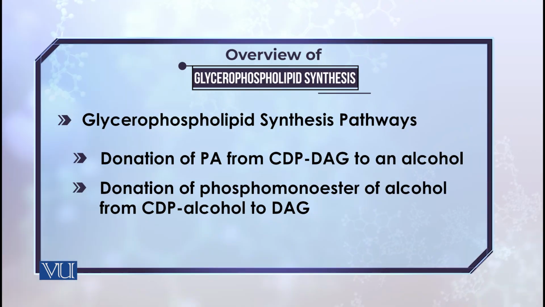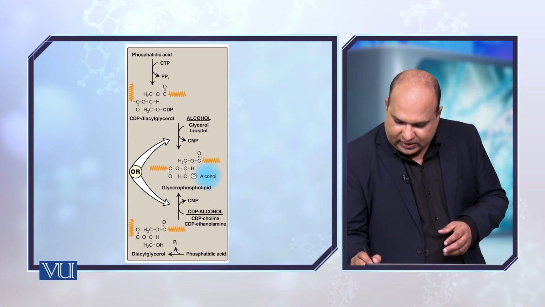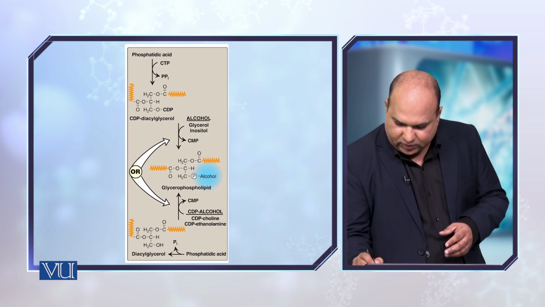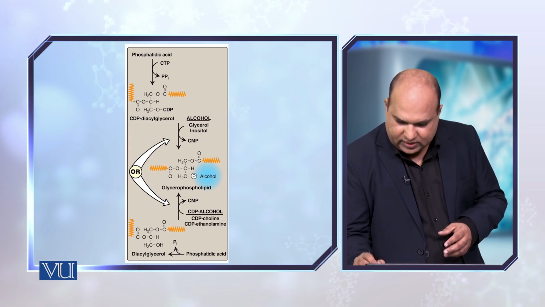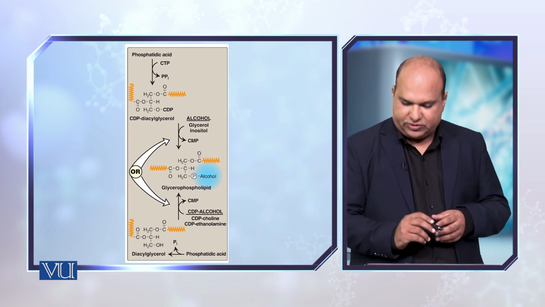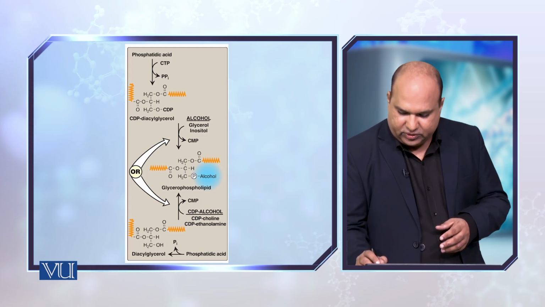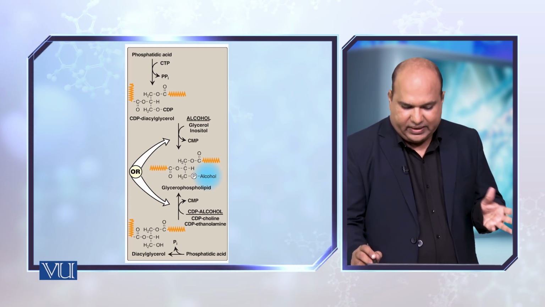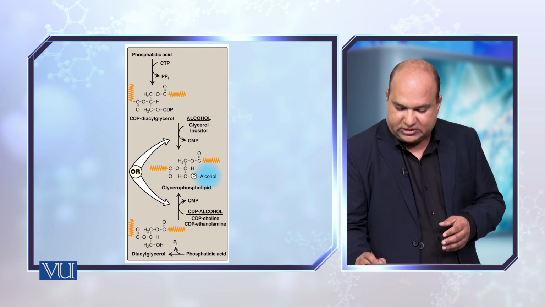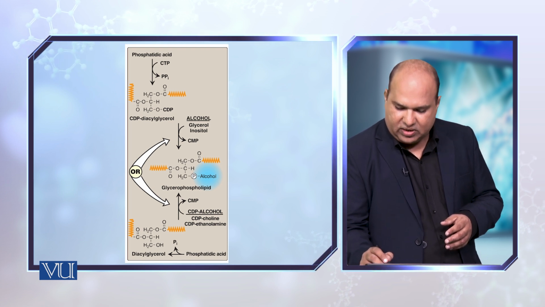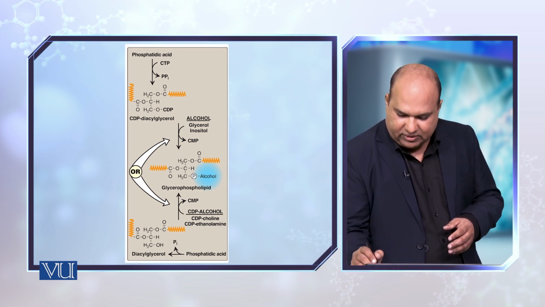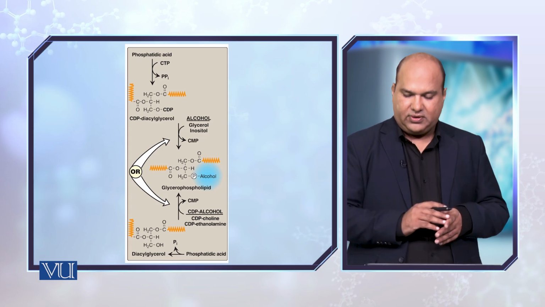Then there is a second, alternative way of making glycerophospholipids: the donation of a phosphomonoester of alcohol from CDP-alcohol to diacylglycerol. This donation also gives rise to the formation of glycerophospholipid.